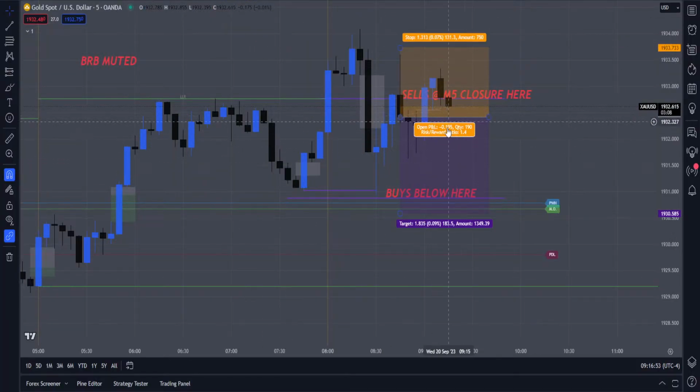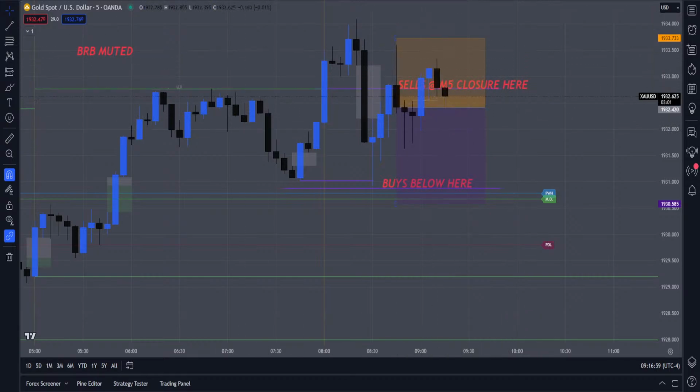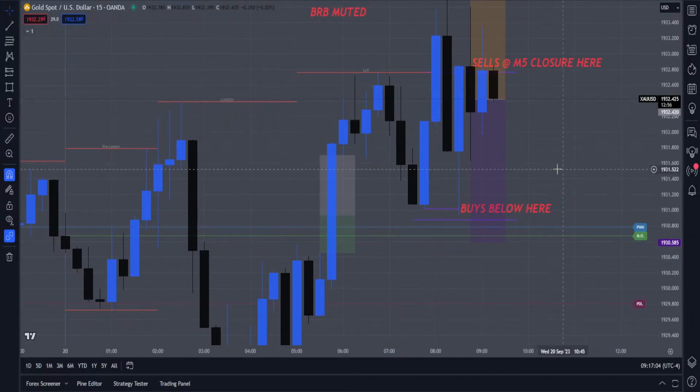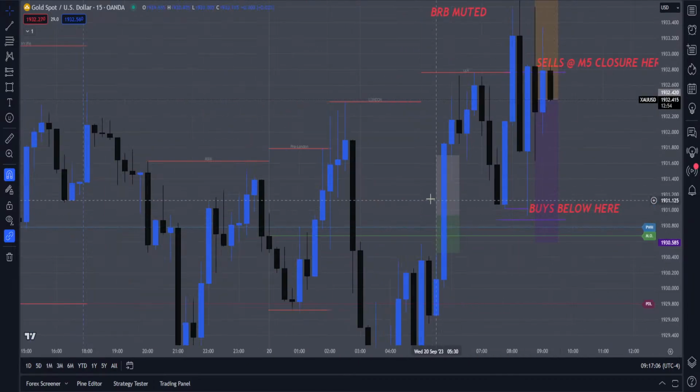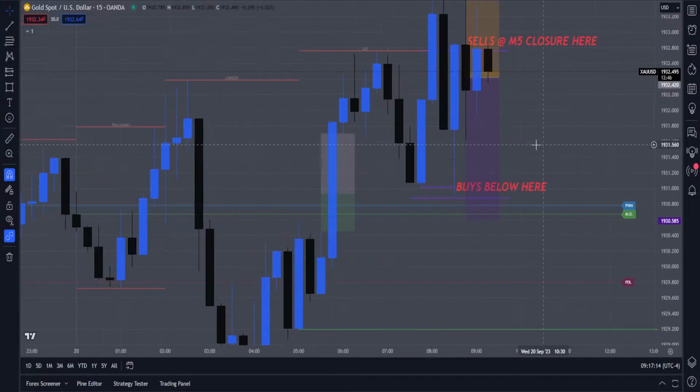On a 5 minute, it is looking bearish, but it could flip at any point, right? Because like I said, the wick is not that big on this time frame. Looks like it went to break even again.